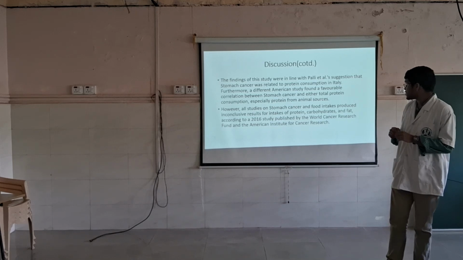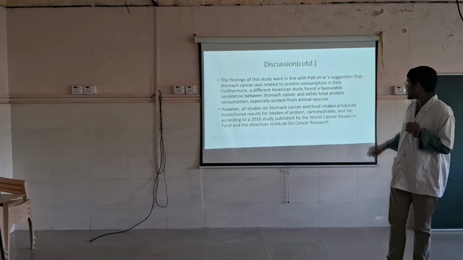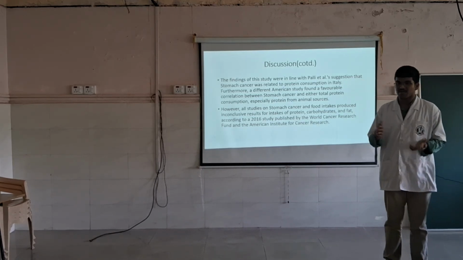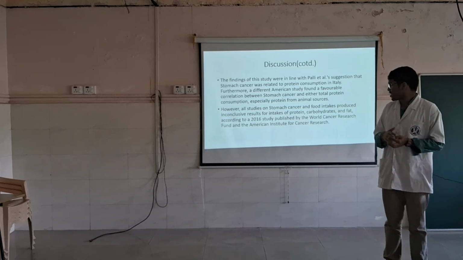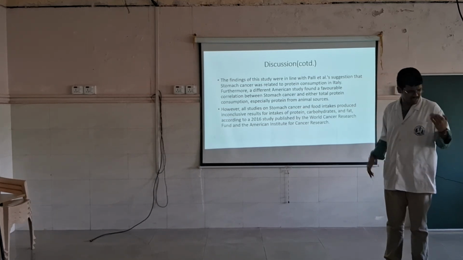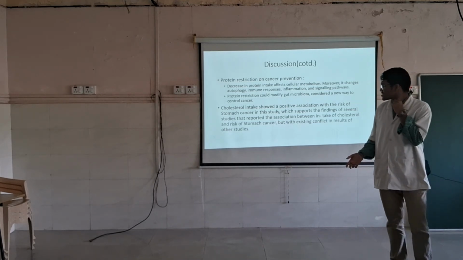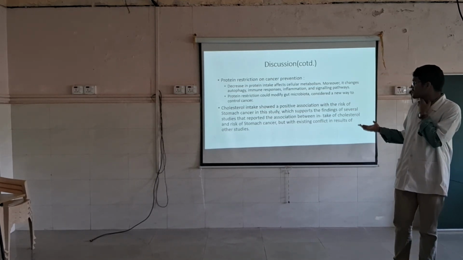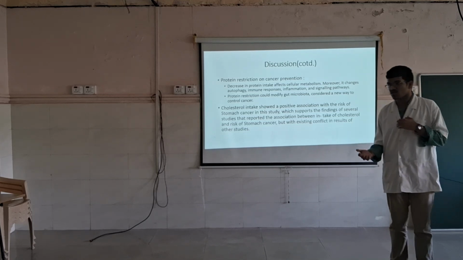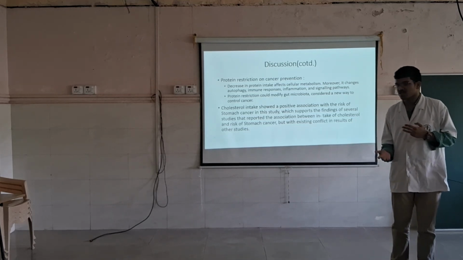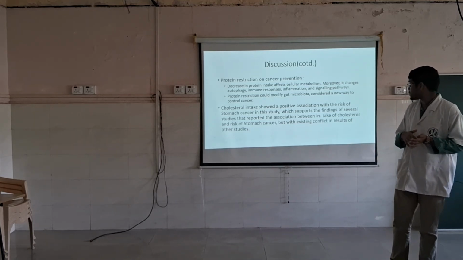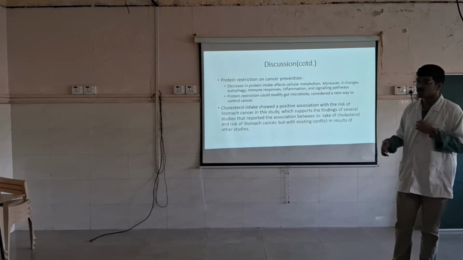The findings of the study, as discussed earlier, were in line with Parry et al., suggesting that stomach cancer has a positive association with proteins. Next slide. Protein restriction was also suggested in patients because there could be a decrease in protein intake, which could affect cellular metabolism, autophagy, inflammation reactions, immune responses, and signal pathways, which could also be modified.